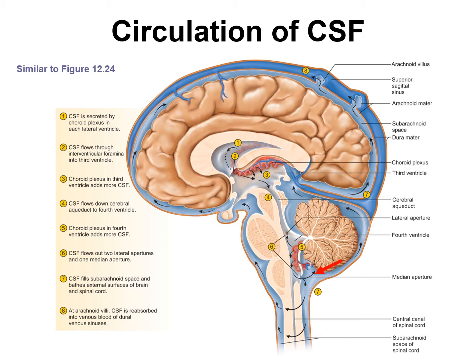Cerebral spinal fluid then circulates through the subarachnoid space and eventually leaves the subarachnoid space through the arachnoid villus, which allows it to be reabsorbed into the venous blood supply.